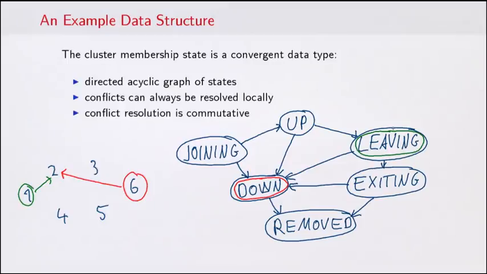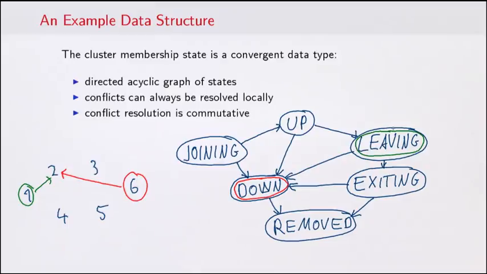Because this is such a nice graph, we can give an order to all the possible pairs of states, saying that down takes precedence over leaving because you can go from leaving to down, but not the other way. This gives us the property that a conflict, for example, as here, can be resolved locally first.